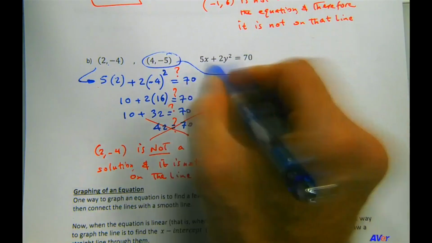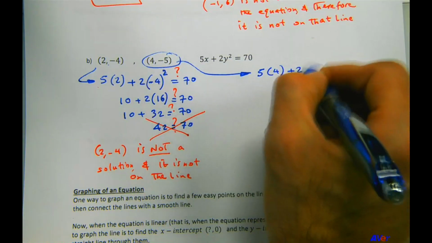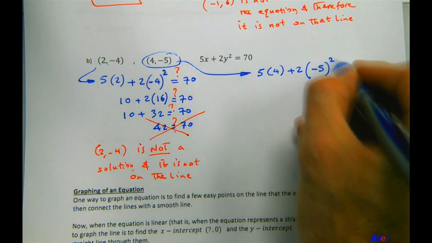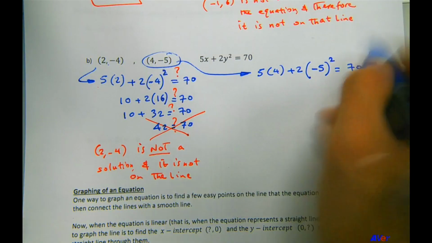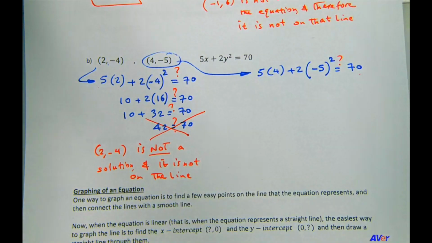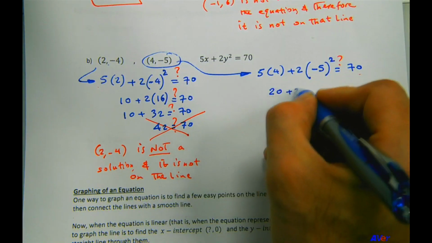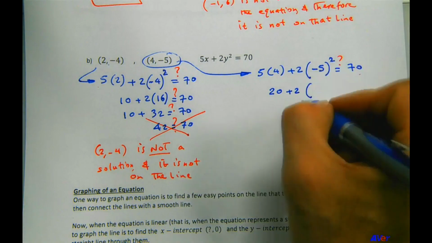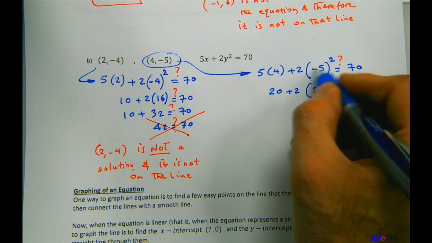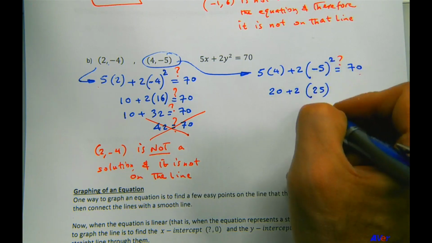So let's test that point, that one. We're going to plug for x with 4, for y with negative 5, and we're asking if the left side is equal to the right. So 5 times 4, 20, plus 2 times minus 5 squared, that's positive 25, right? Minus, this minus squared is positive now. 5 squared is 25.